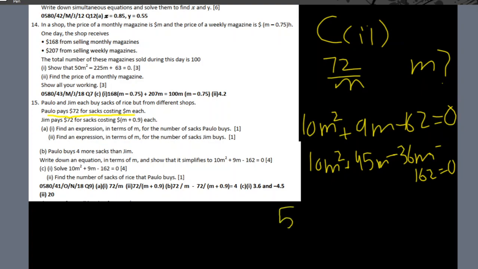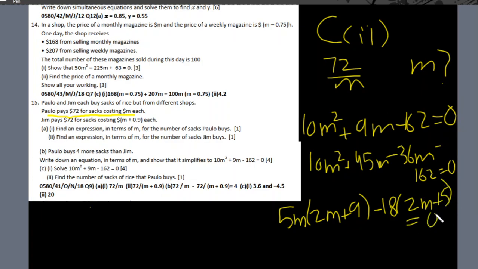Alright, so 5M is common here. We're left with 2M plus 9 and then minus 18. Minus 18 is common and we're left with 2M plus 9 equals 0. So we get 5M minus 18 and 2M plus 9 equals 0.